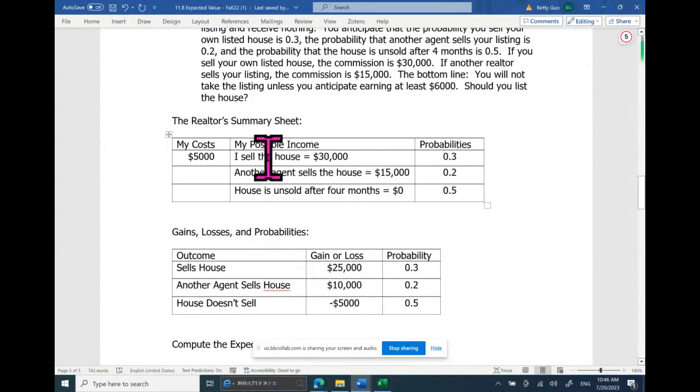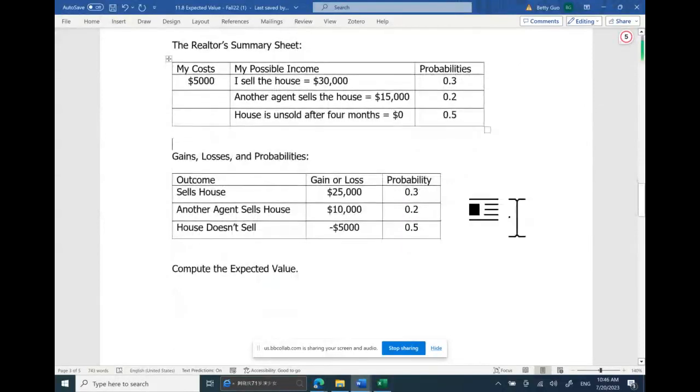That's the cost. If he sells the house, 30 grand. If another agent sells the house, 15 grand. If the house is unsold within 4 months, $0, right? So the possible profit of the realtor will be the following three values.